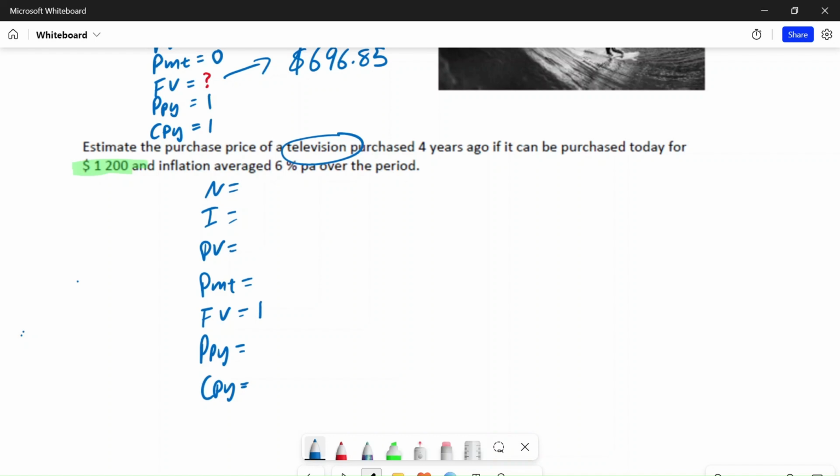We're told the future value, even though I know it's saying it's purchased today, it's not in the future, but we've got to consider 4 years ago was in the past. So if you were 4 years ago, trying to predict 4 years from now, then the future value would be the 1,200. So we've got to make that adjustment there, a little bit different. Okay, 4 years of inflation at 6%. All the rest is pretty much as before. So really just switching and finding the present value rather than the future value in this case.